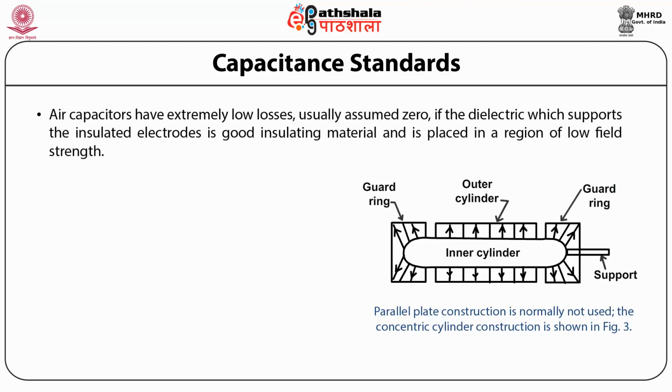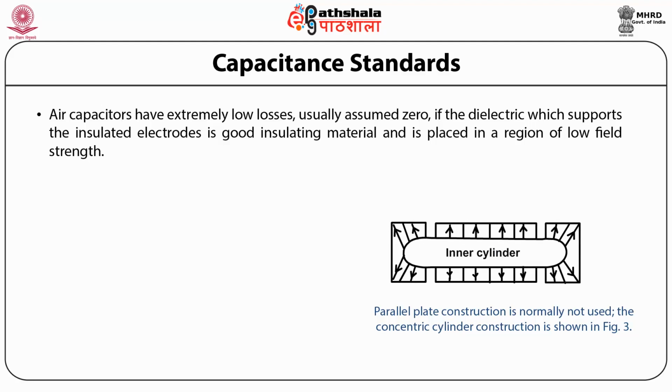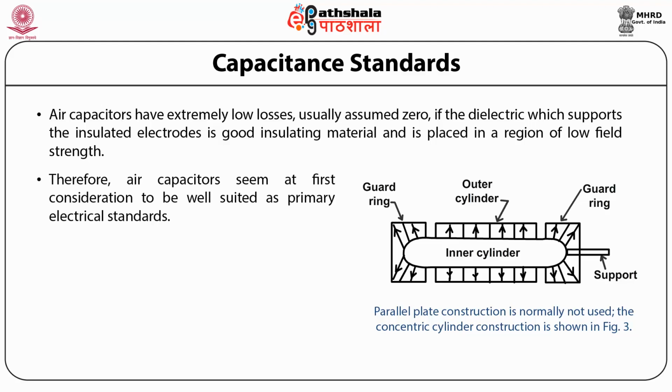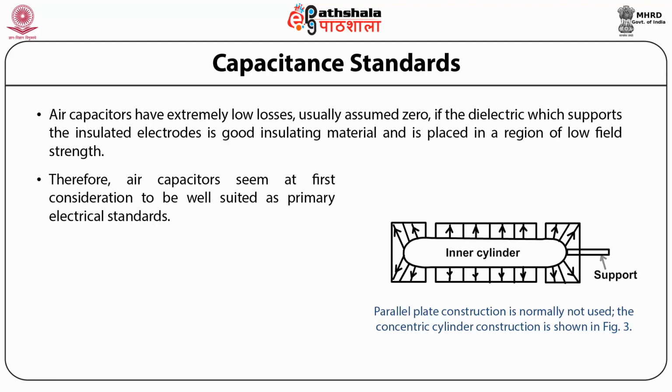Air capacitors have extremely low losses, usually assumed to be zero, if the dielectric which supports the insulated electrodes is good insulating material and is placed in a region of low field strength. Therefore, air capacitors seem at first consideration to be well suited as primary electrical standards.